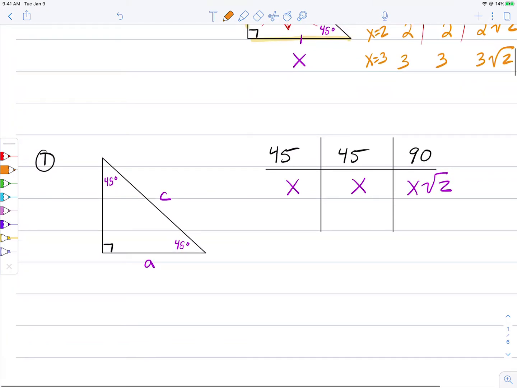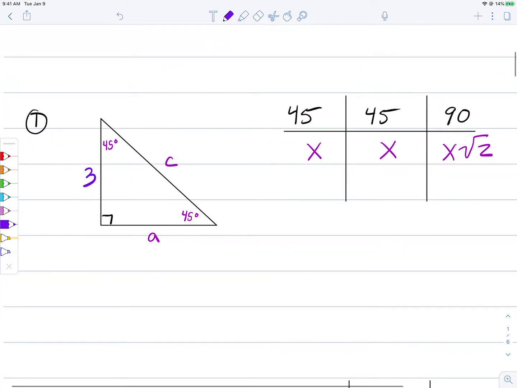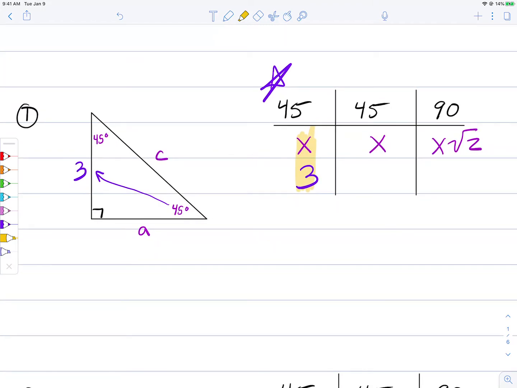Let's try one of them. Let's say we had this triangle and this side was a 3. I want you to create these tables because it's going to help you collect your information and your work as you go. The side length we know is across from a 45, so in my table across from a 45, I'm going to put a 3. What this is telling me is that the number I'm looking for, my x value, is a 3.